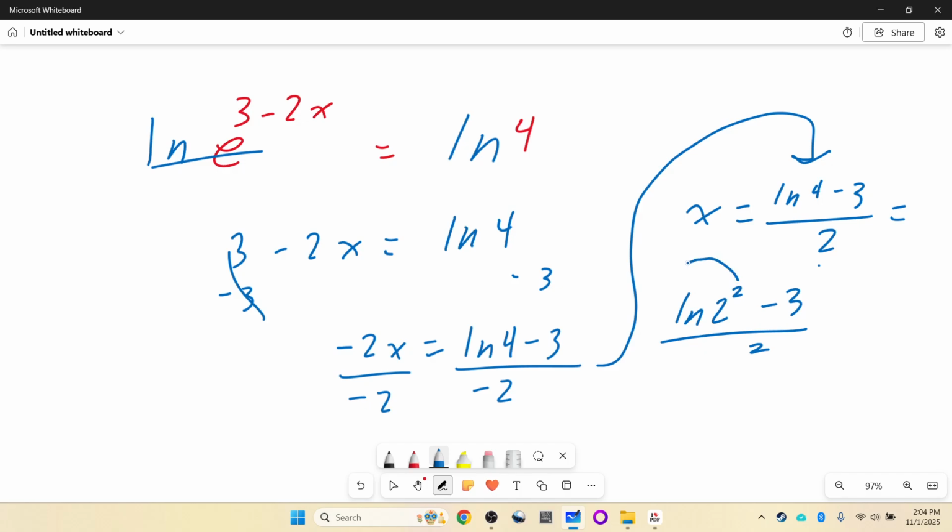And we know logarithm rules say an exponent can come down front as a multiple. So we get 2 log 2 minus 3 over 2, which we can then split: ln of 2 minus 3/2.